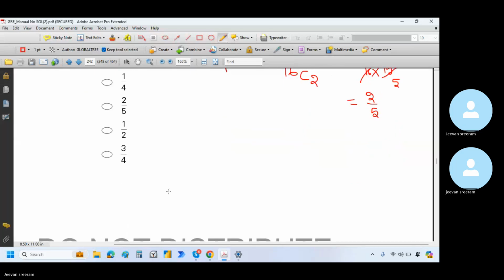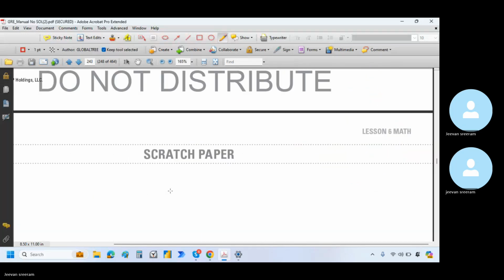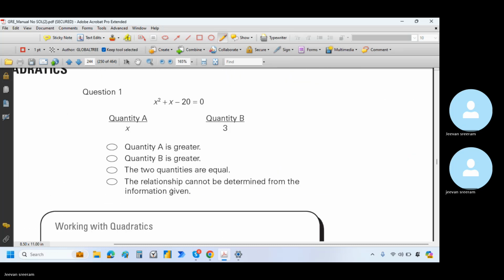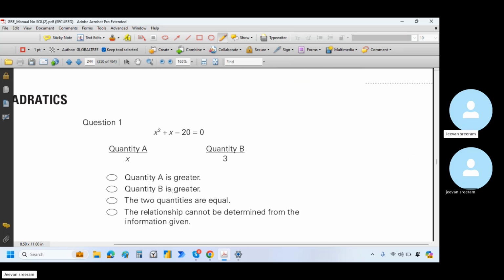Next. So quadratics, of course, you may find at least one question from quadratics.